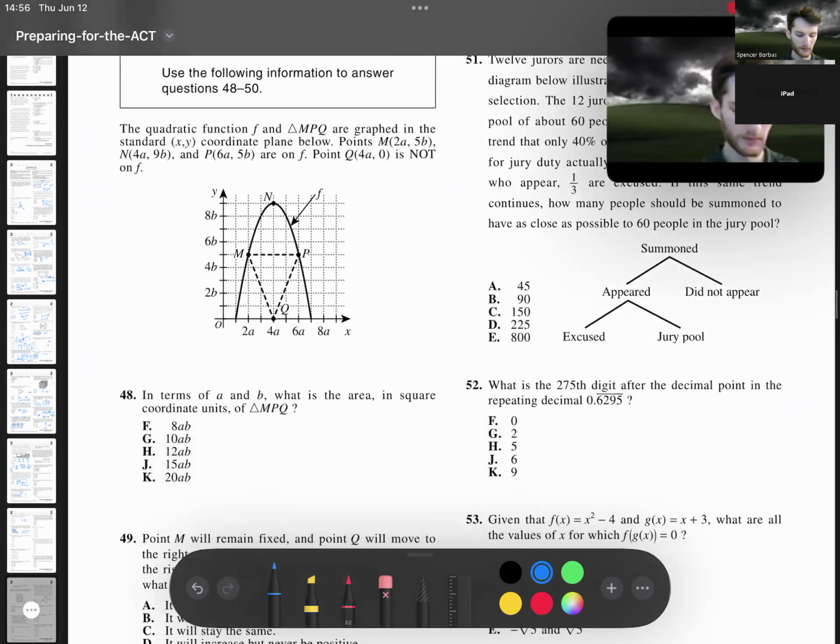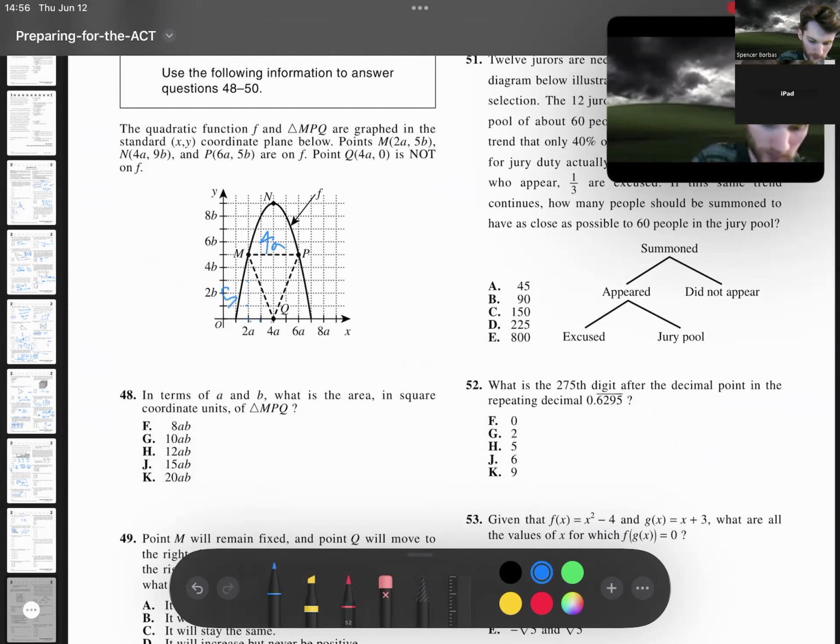In terms of A and B, what is the area in square units of... Okay, I could do that. All right, MP is 4A. 1, 2, 3, 4, 5, 4, 2.